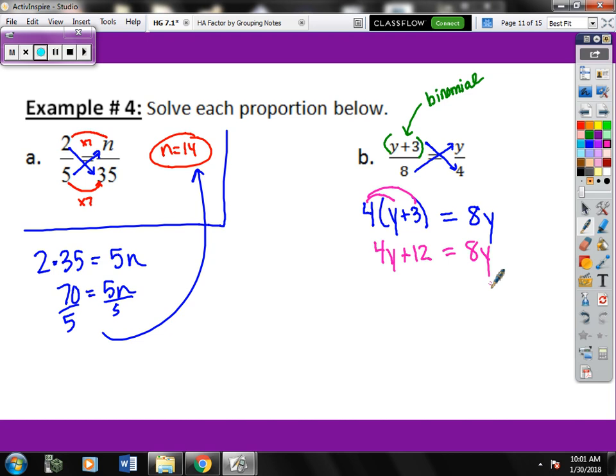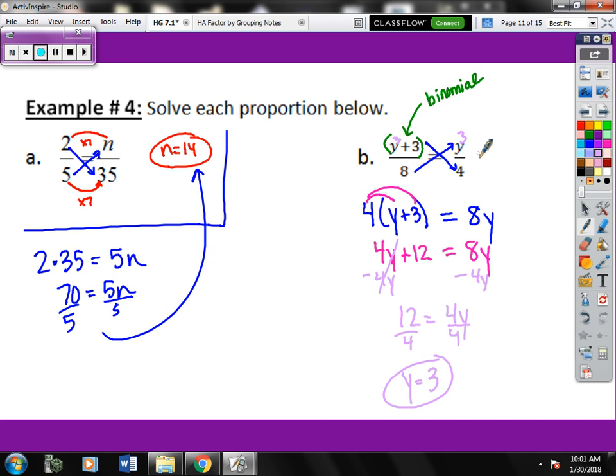Get your variables on one side using inverse operations. And use inverse to divide. Now if you really wanted to, you could plug them back in and realize that 3 plus 3 is 6/8 and 6/8 is equivalent to 3/4 if you have the time. Make sure you did it right.